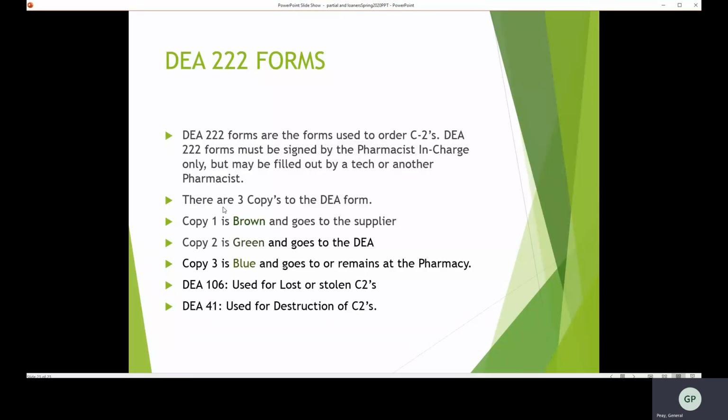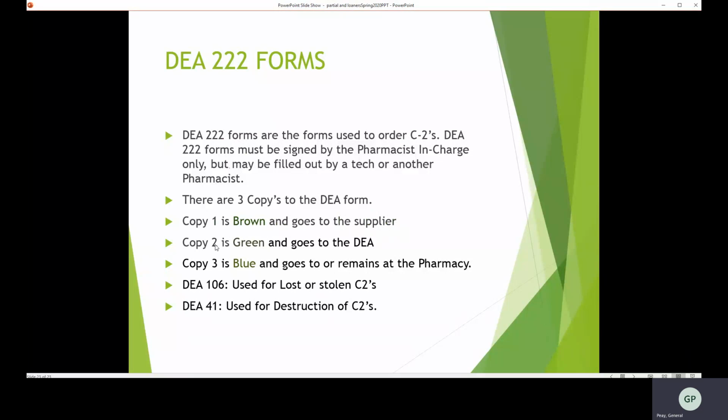And I want you to be familiar with this. The actual form has three different pages. Each page is color coded, and each has a special area where it goes. The first copy, which is the copy at the top, is brown, and it goes to the supplier, the person you're ordering the drug from.